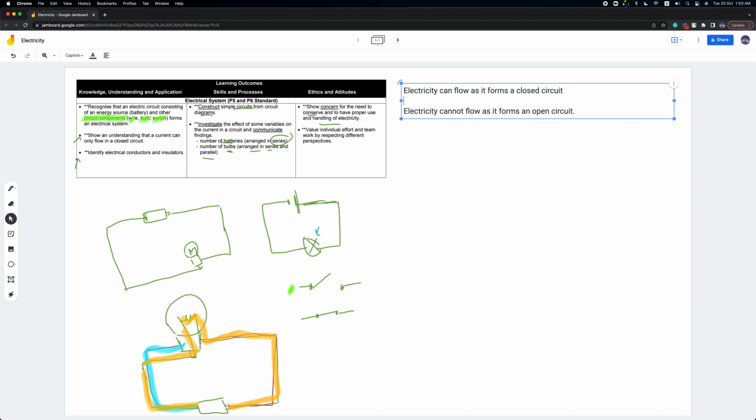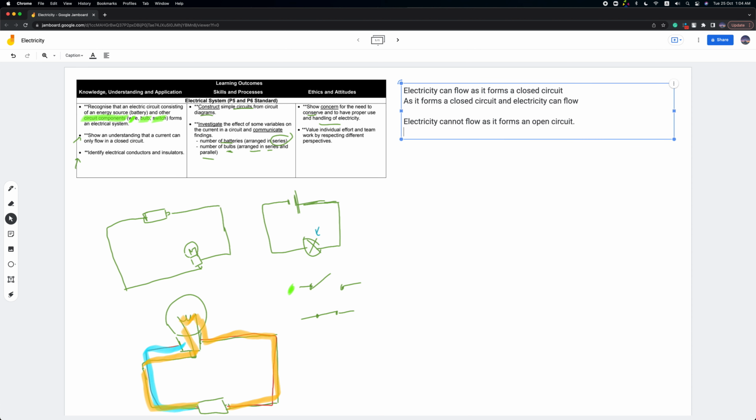You can write it the opposite way also. For example, you can say as it forms a closed circuit and electricity can flow. And the other one, try not to start with it.